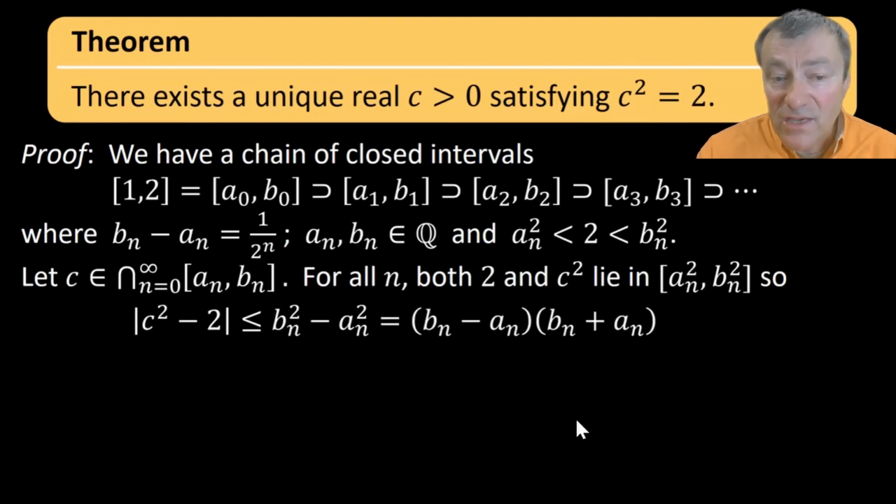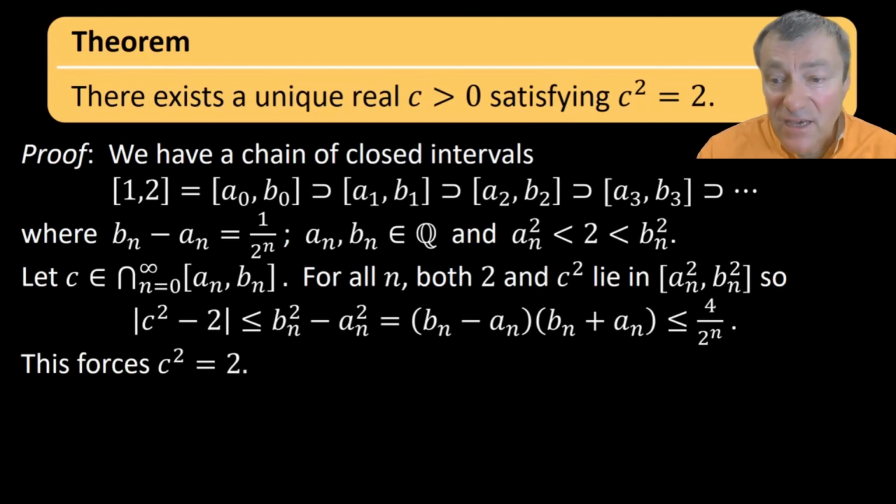And the width, b_n squared minus a_n squared, can be factored as a difference of squares. And now this, you can see, is less than or equal to 4 over 2 to the n. Notice here that the first factor, b_n minus a_n, is exactly 1 over 2 to the n. And the second factor is at most 4, since both a_n and b_n are at most 2. That gives us our bound.